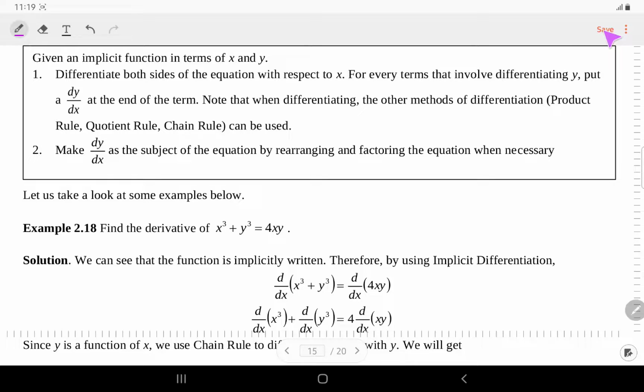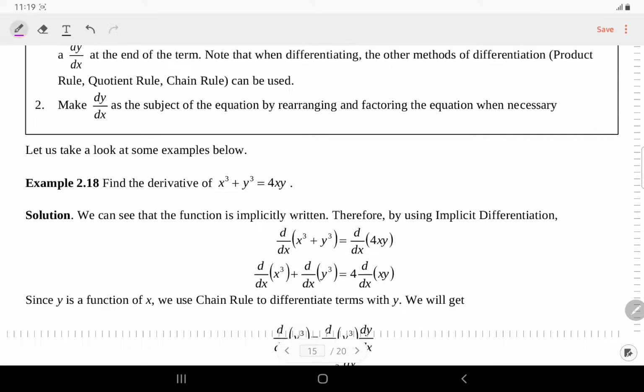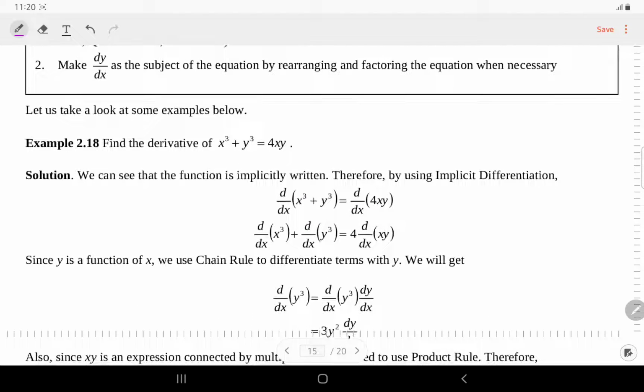And if you are differentiating the variable y, make sure you put dy over dx at the end of the term. So we are differentiating both sides. So we need to put d over dx, left side and right side, and then we need to differentiate each of the terms. So differentiate x cube.